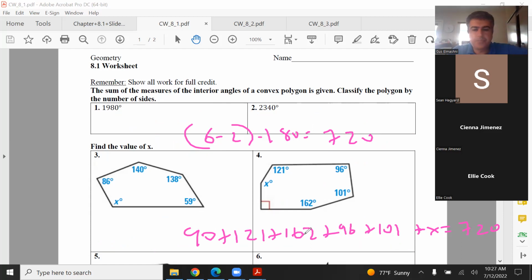So 150 degrees for number 4. And let's check out the chat.